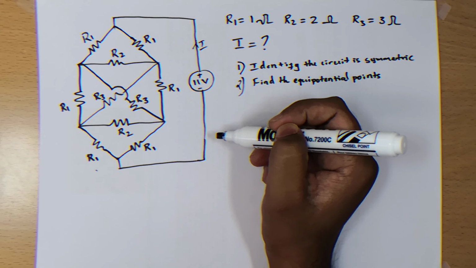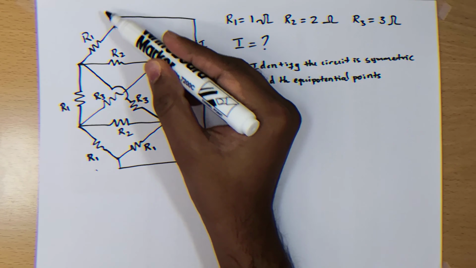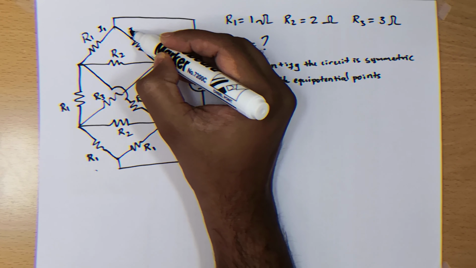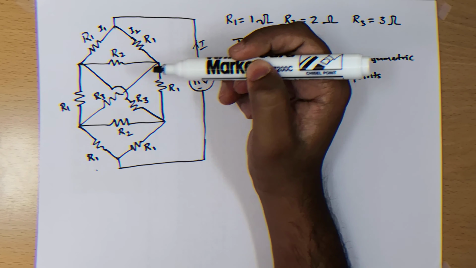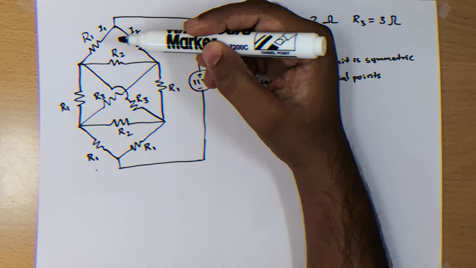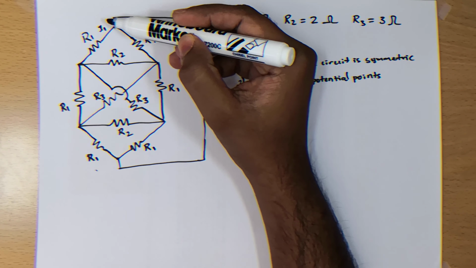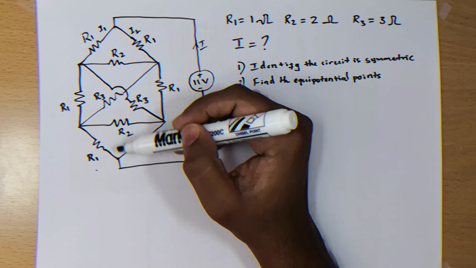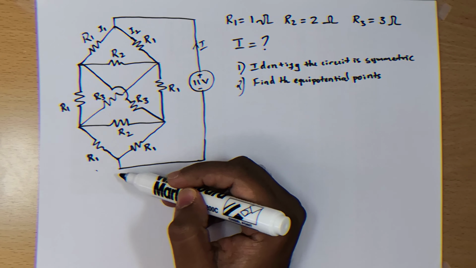In this circuit, what we can see here is there is current flowing through this circuit, and if you say this current is I1 and this here is I2, what you can realize from this symmetry is that I1 and I2 are the same, because once the current flows here, it sees the same amount of resistance in this direction, and I2 also sees the same amount of resistance in this direction.